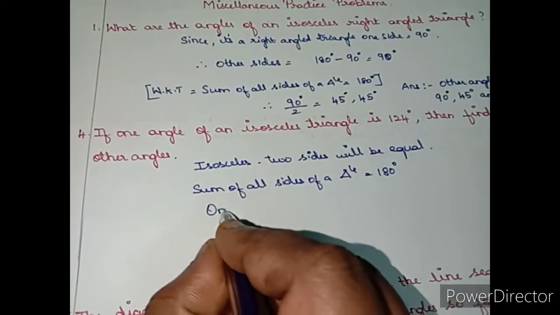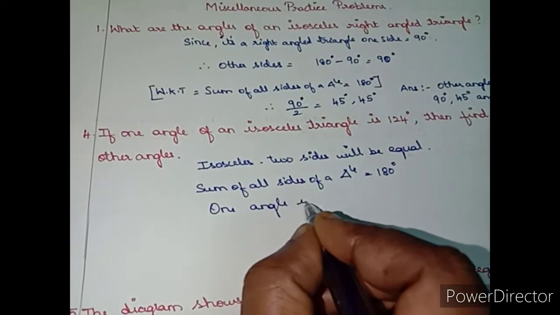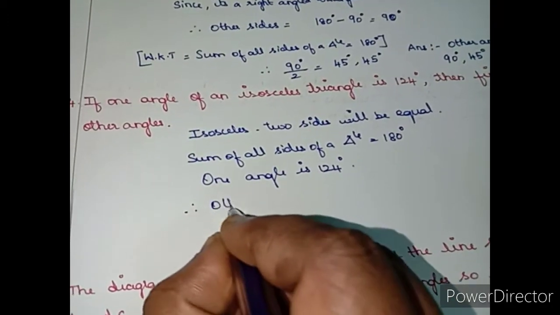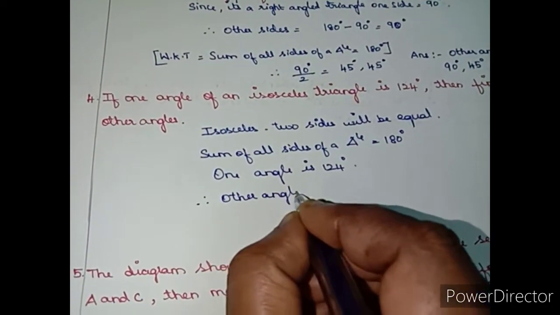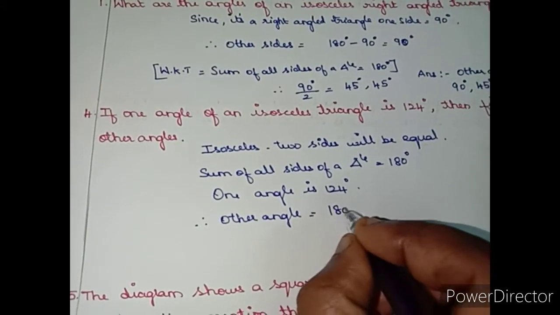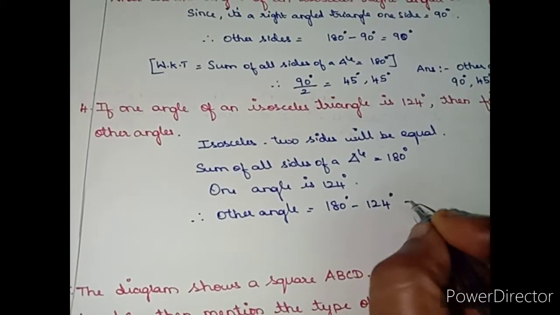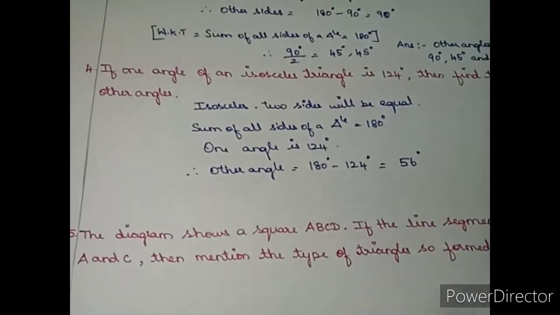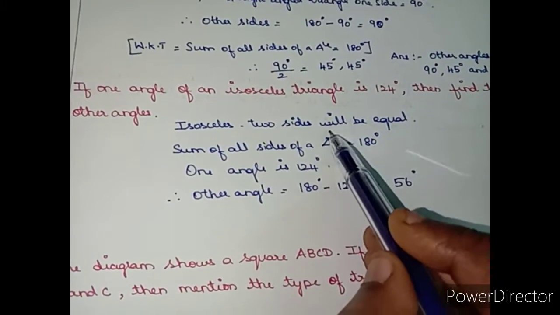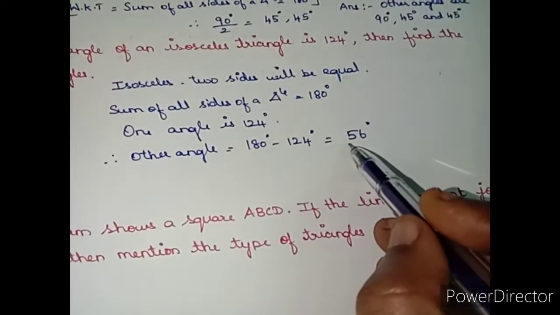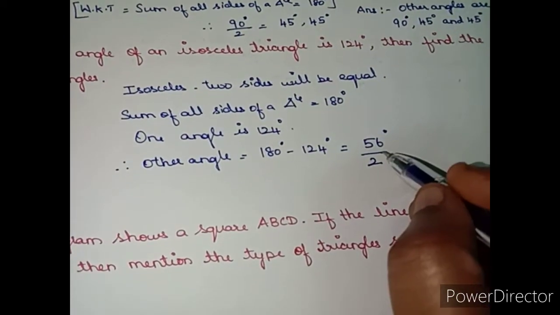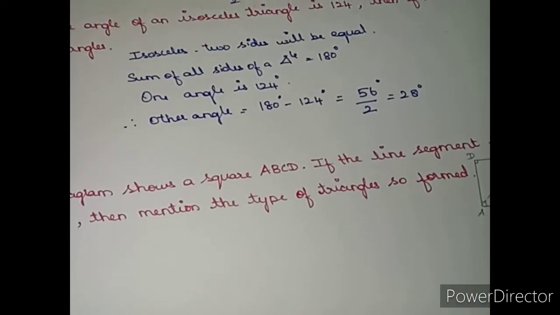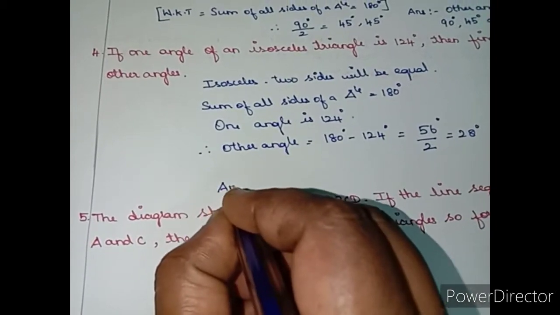One angle is 124 degrees. Therefore, the other angles together are equal to 180 degrees minus 124 degrees, which is equal to 56 degrees. Isosceles means the other two angles will be equal, so we have to divide this by 2. If you divide it by 2, we will get 28. Is that clear? So what is the answer?